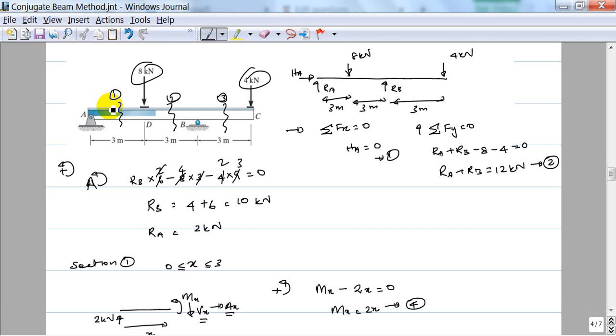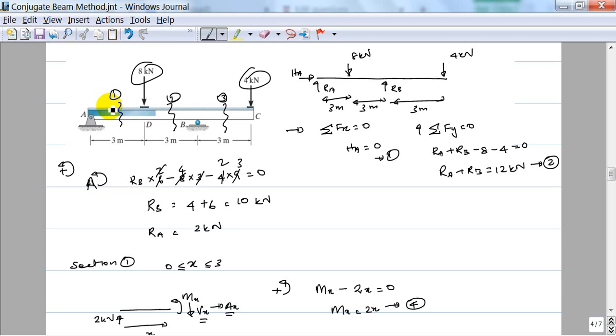So if you compare with the conjugate beam, you can have shear force, but you cannot have bending moment. So if you want to have shear force and not bending moment in the middle or somewhere inside a beam, then there should be a hinge. So a hinge support can carry shear force, but it cannot carry bending moment.